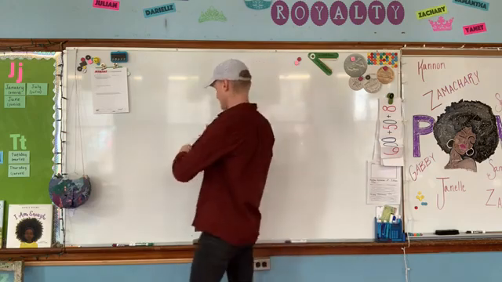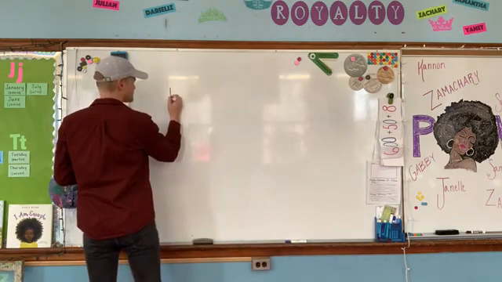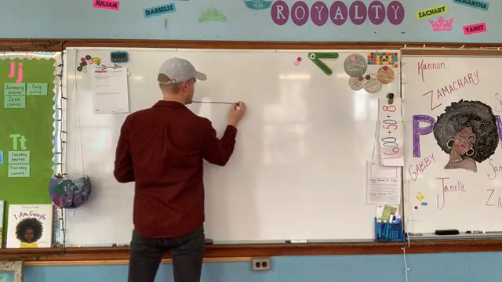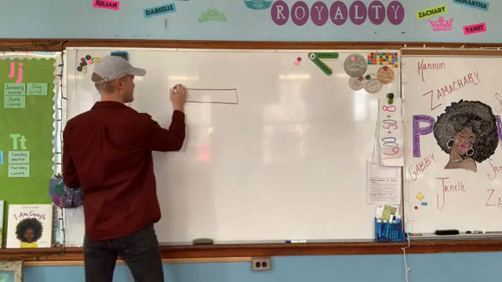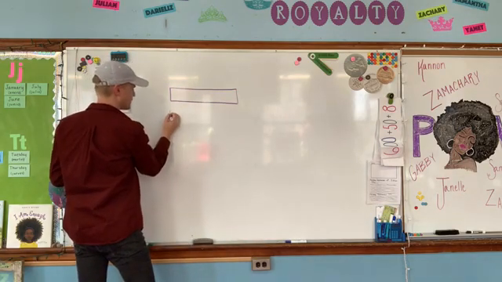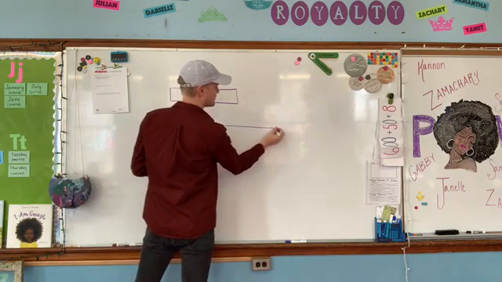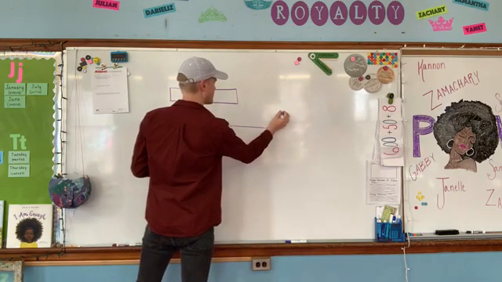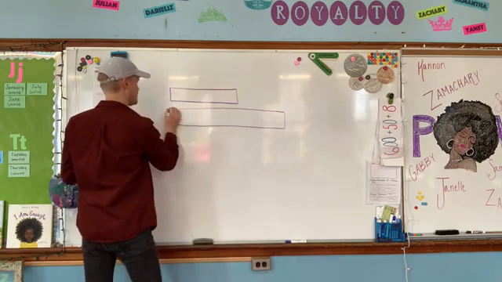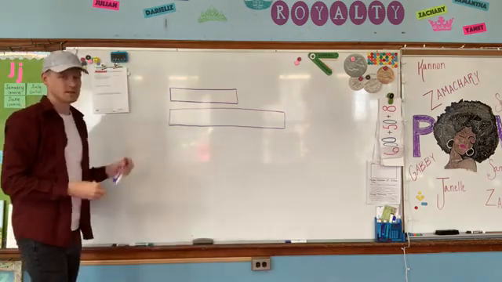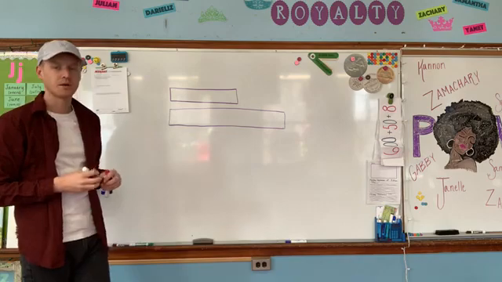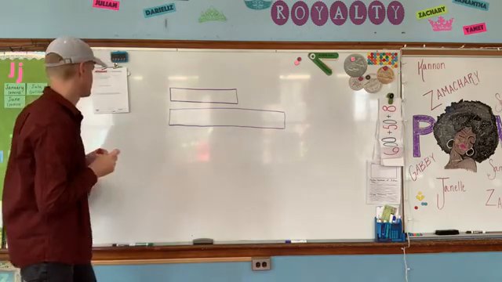So I'm going to draw a tape diagram. And I'm talking about two different items, and I don't know the amount of one of them, but I do know one of them is more than the other. So one of these is going to represent pens, one of these is going to represent pencils.